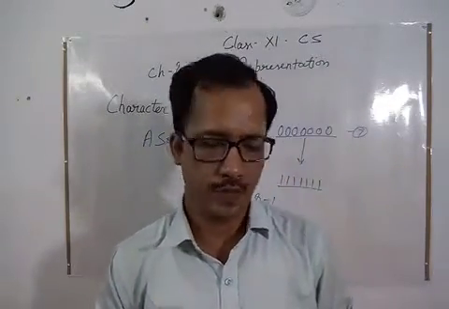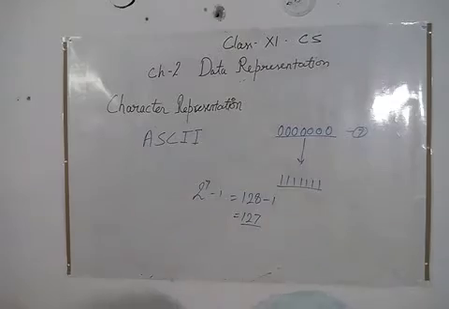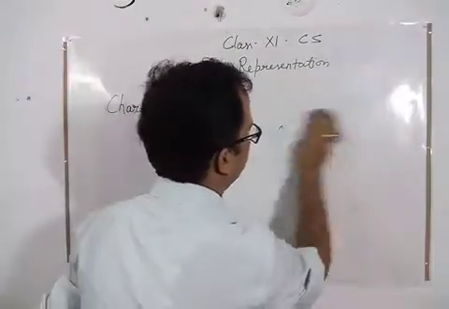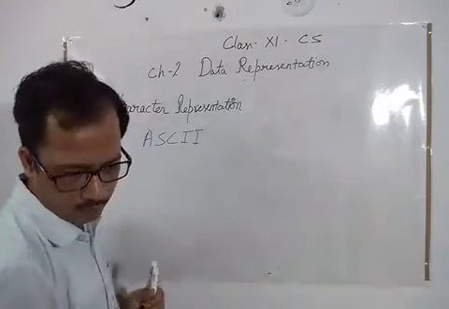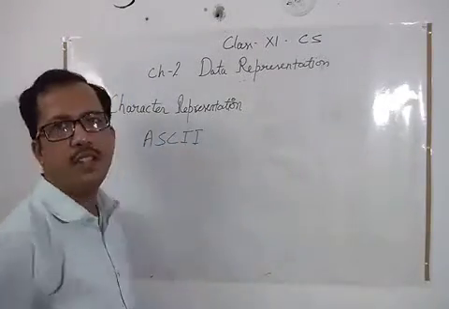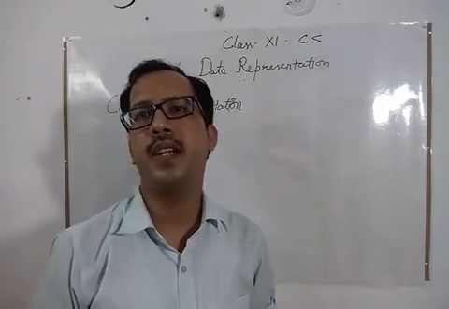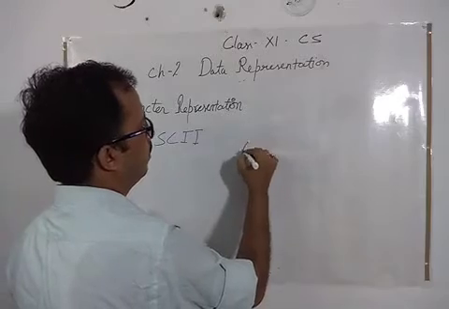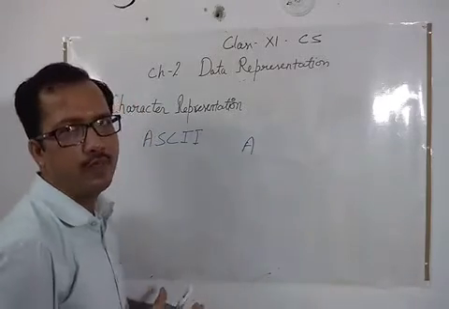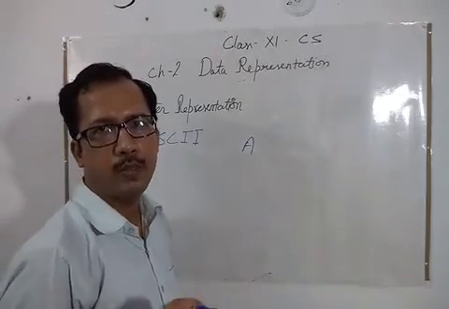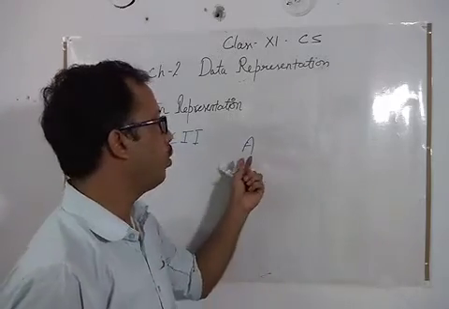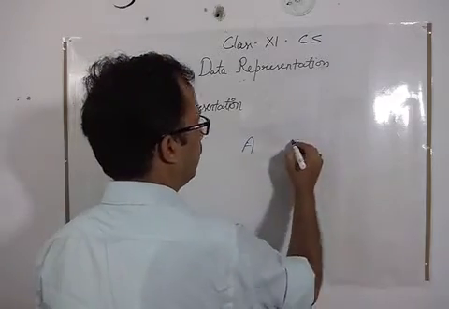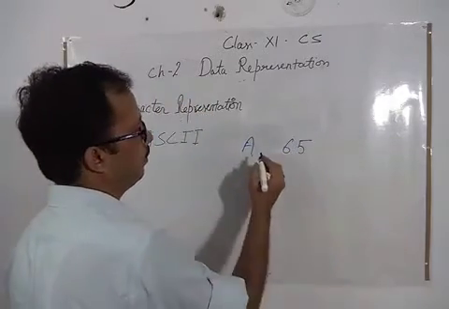Now how does it work? The standard has given some codes to represent characters. For example, if I want to write capital A, or the computer wants to store capital A, then the code equivalent to capital A given by ASCII is 65.